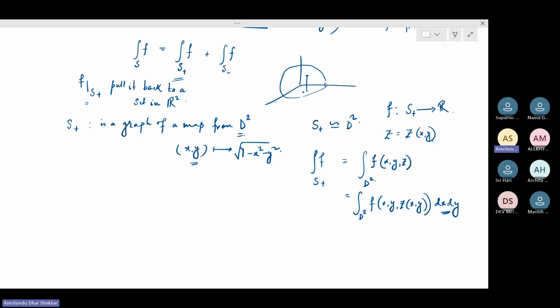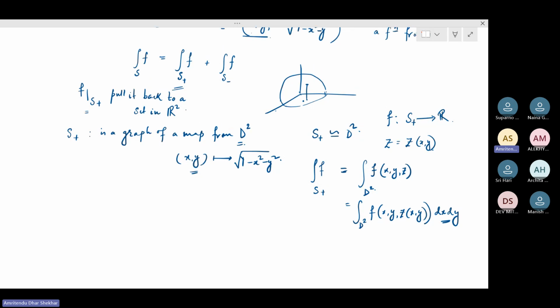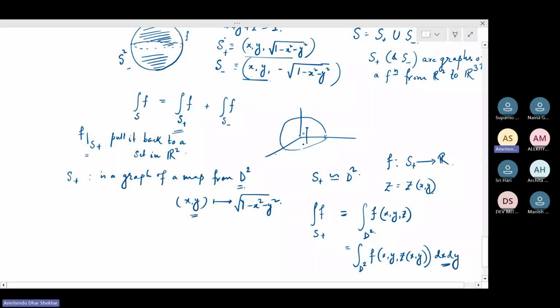However, the thing is that you simply cannot do such a thing because just as for the curve, this simply does not take into account how D2 is embedded in R3. Okay, so this is an embedding of D2 in R3, which is the upper hemisphere.